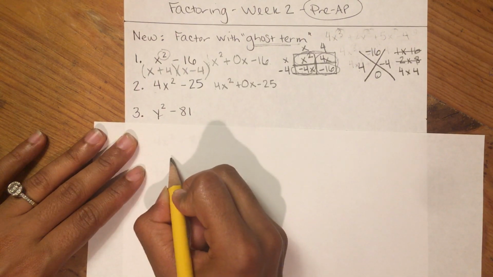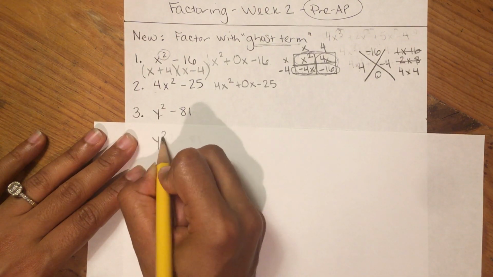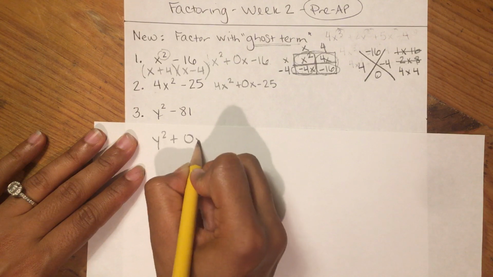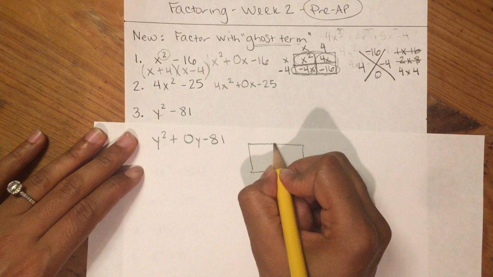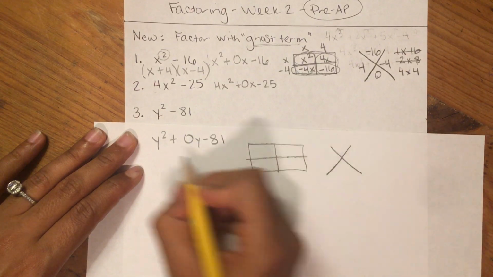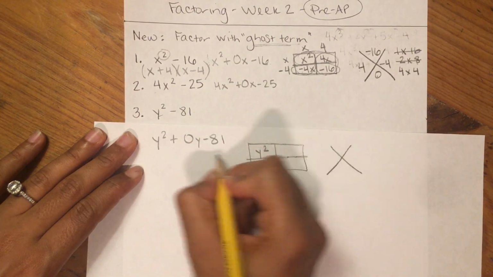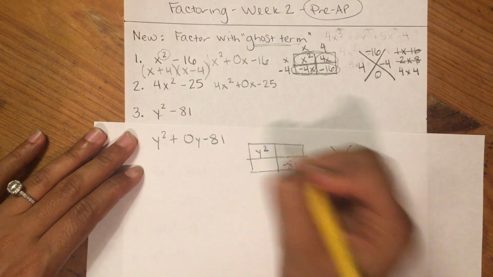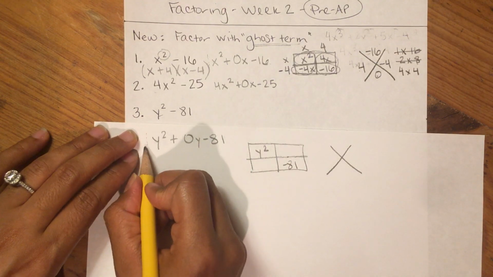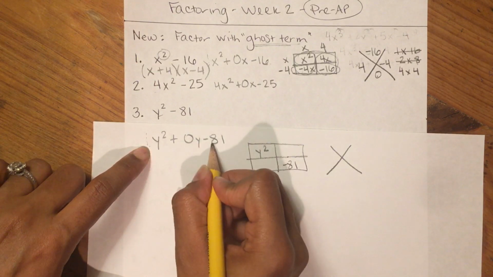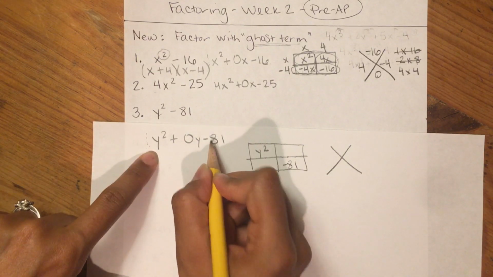Here we go. Ghost term, write it in there. Xbox. First term, first box. Last term, last box. Multiply the first number, the first coefficient, the leading coefficient, by the last constant. 1 times negative 81.